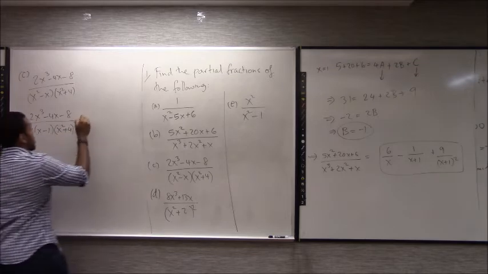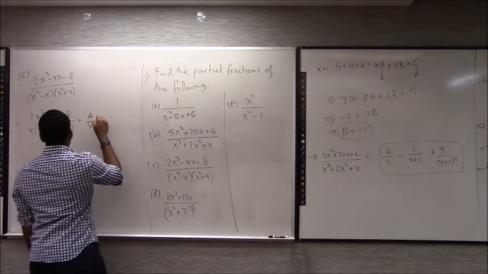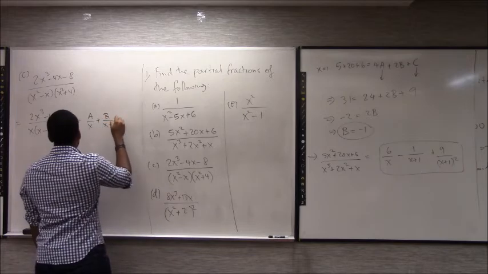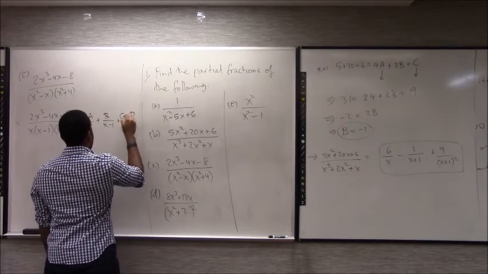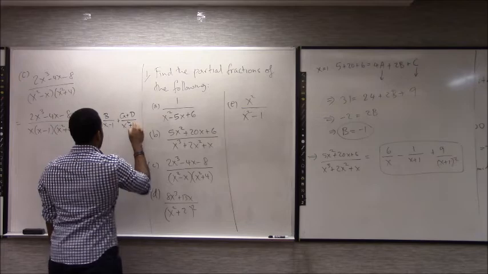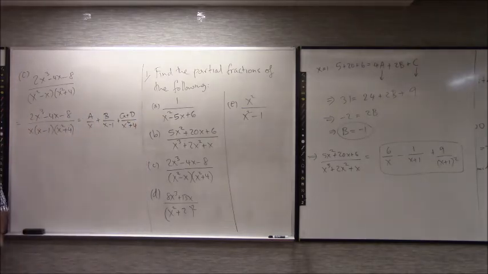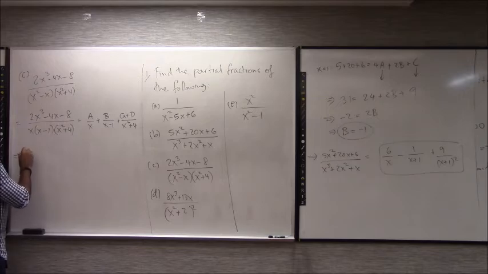So this is going to go to A over x plus B over x minus 1 plus Cx plus D over x squared plus 4. The x squared plus 4 can't really factor over the real numbers very nicely. So again, I'm going to multiply both sides by the largest denominator over here. That's going to give us 2x cubed minus 4x minus 8.